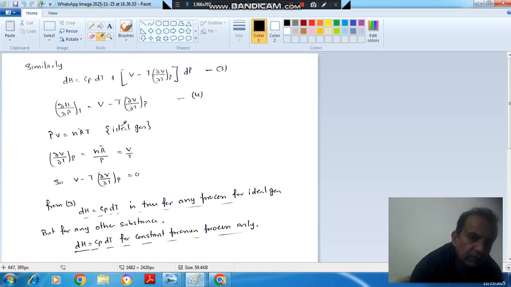Okay. So here we can also derive that H is a function of temperature only, as we have derived for internal energy.